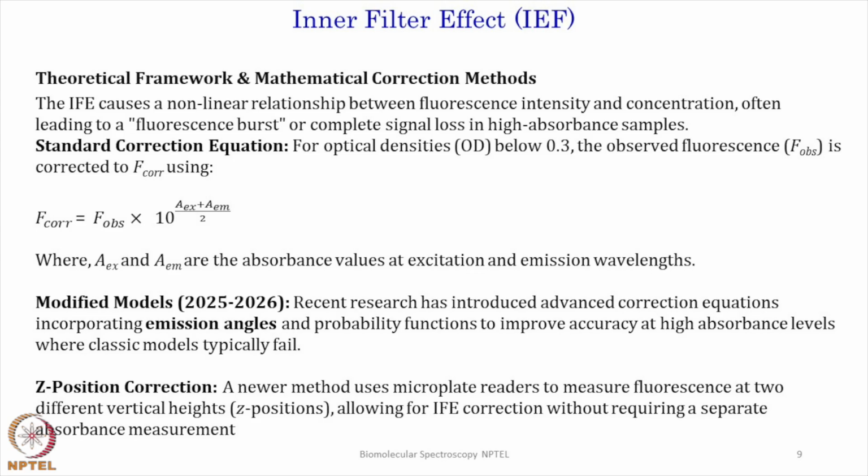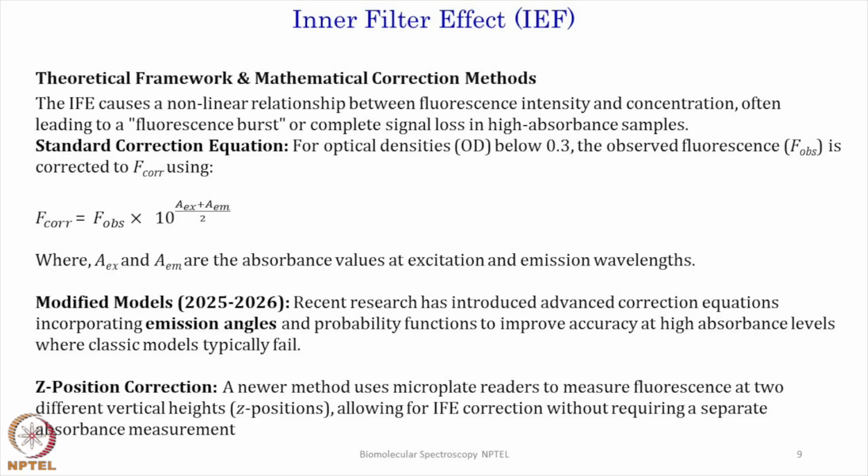The inner filter effect happens because of a non-linear relationship between fluorescence intensity and concentration, right. Here not all the molecules are effectively giving you fluorescence. That means if you increase the concentration, the fluorescence does not go linearly like this, but saturates like this and comes down.